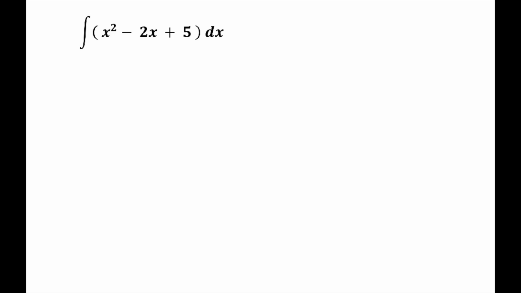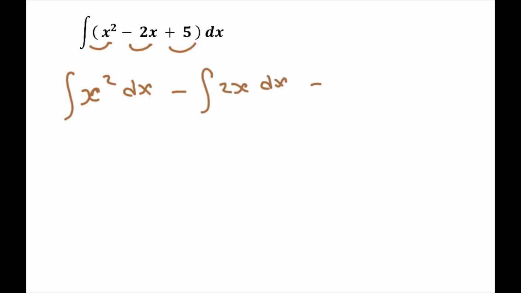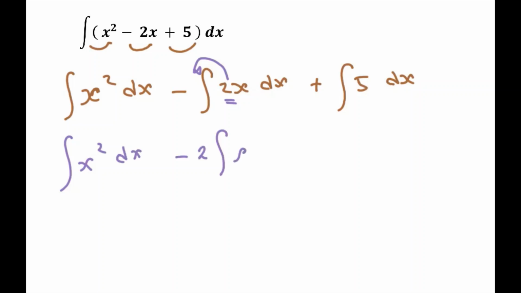Well, I can easily split the integration. So I can say the integration of x squared dx minus the integration of 2x dx plus the integration of 5 dx. And whenever I have a constant, I can move it out. So it's going to be the integration of x squared dx, minus 2 times the integration of x dx, plus 5 times the integration of dx.